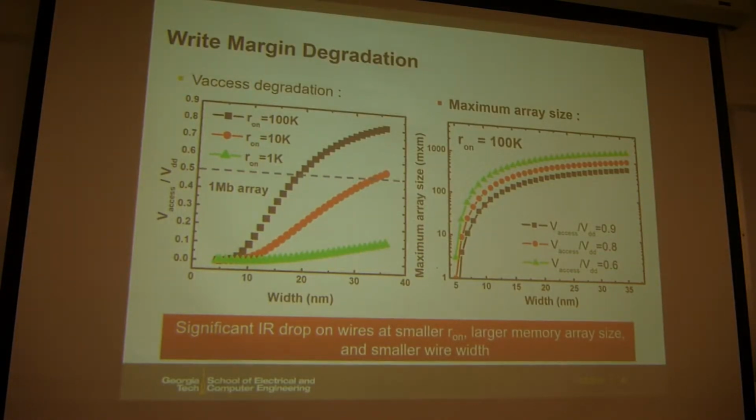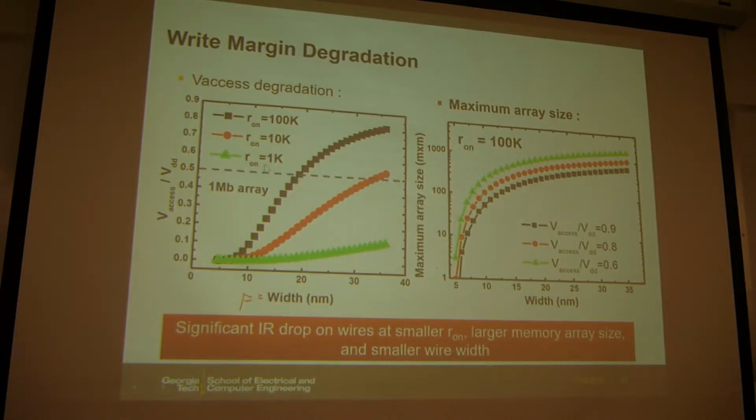Here, for example, you can get the write margin, which is the ratio of the voltage excess dropped on the cell over the VDD, which is the write voltage you apply from the edge of the array. Then you can vary, for example, the width of your wire, like your technology node F. When you vary the width of the wire, you are varying the wire resistance, right? Remember, the smaller the width, the larger the wire resistance.